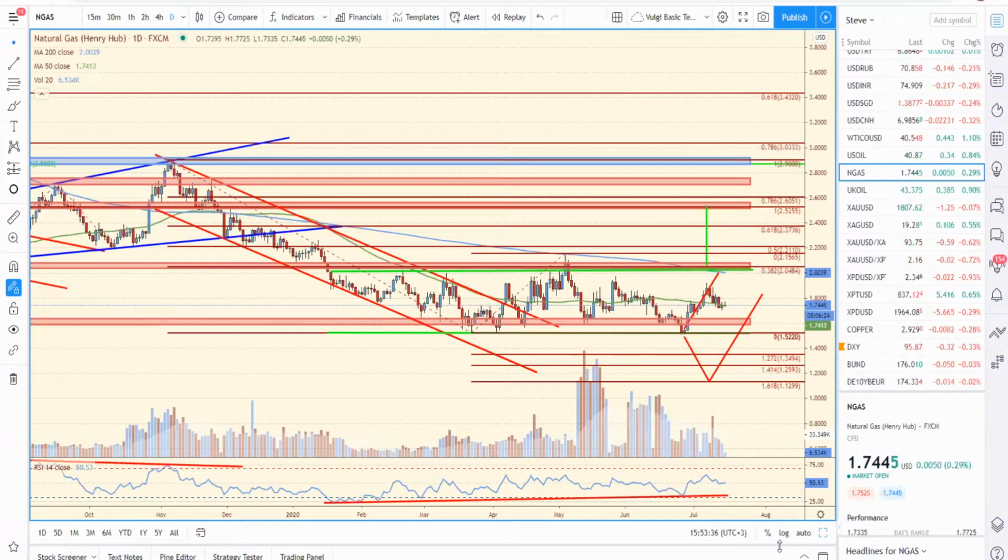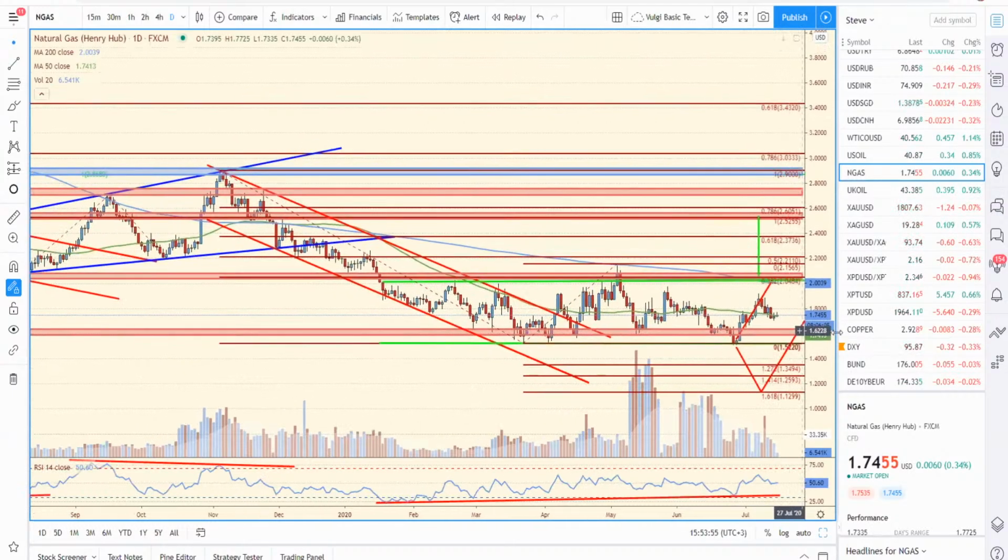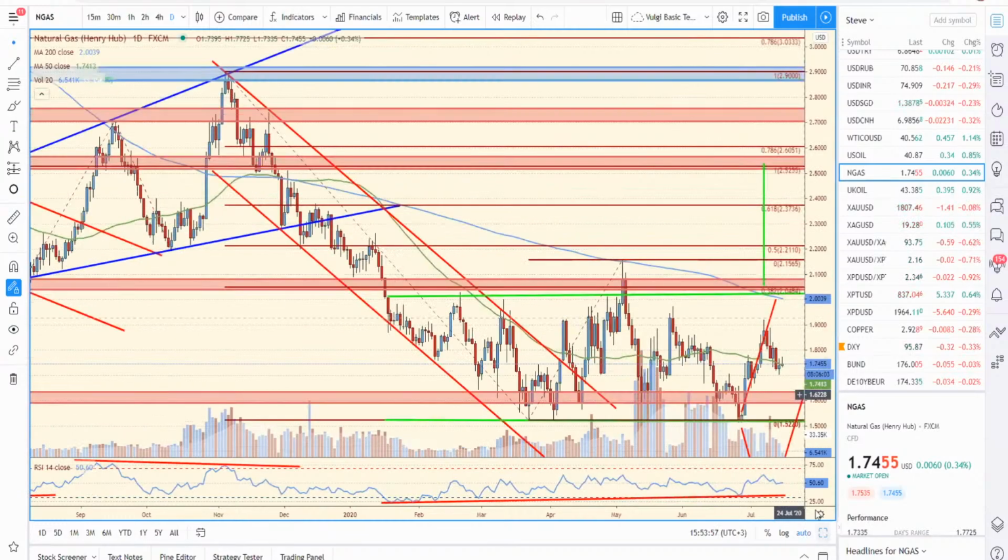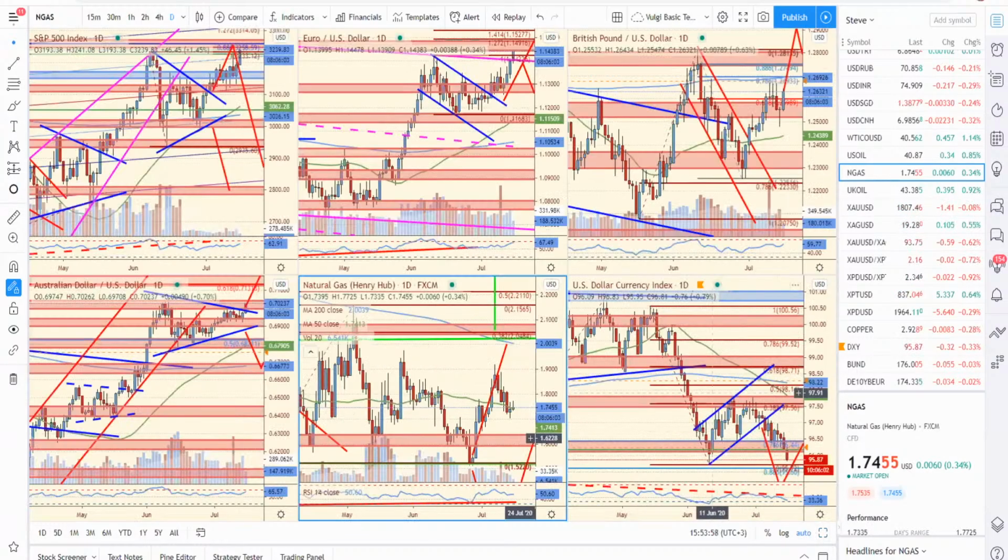I do eventually expect natural gas to break through the $2.05 resistance, and I will be very, very interested in buying it when that happens. But until that happens, I just monitor it and nothing more than that. DXY we did cover, gold silver ratio we did cover, another question on DXY we did cover, gold we did cover.